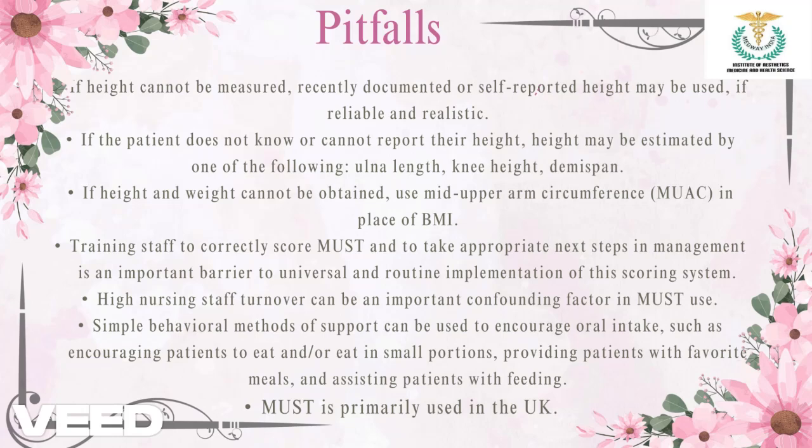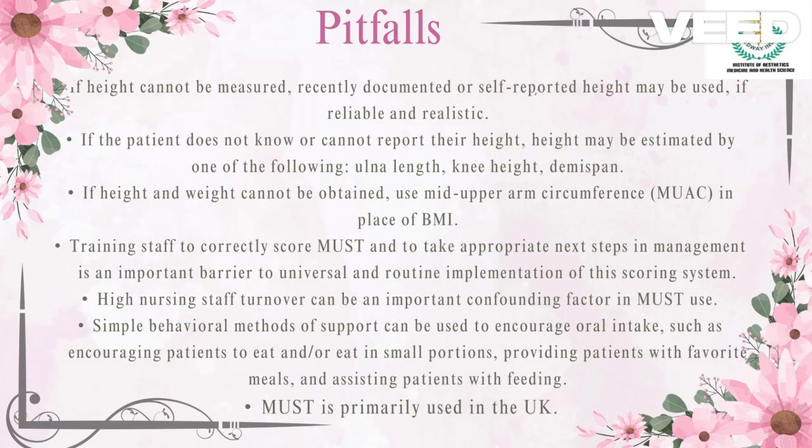So we can go with the height given at admission of a patient. If the patient does not know or cannot report their height, an estimated height can be used. For example, if they look like a person with the same height, a rough estimated height can be used.